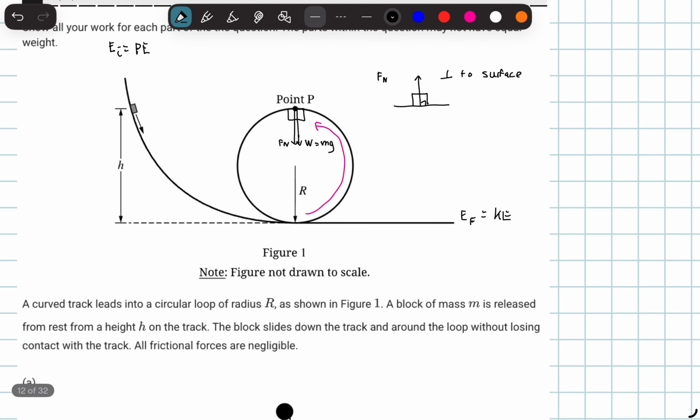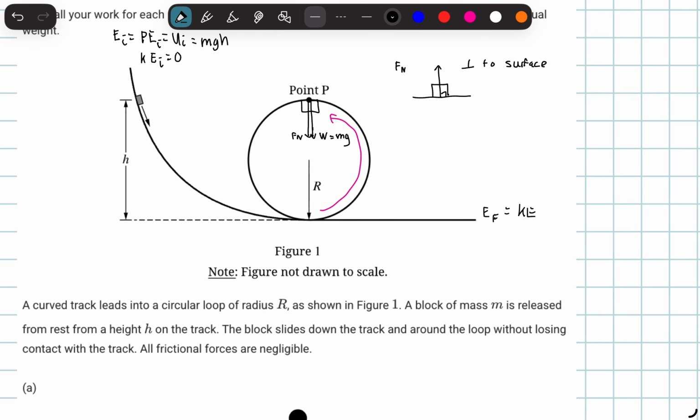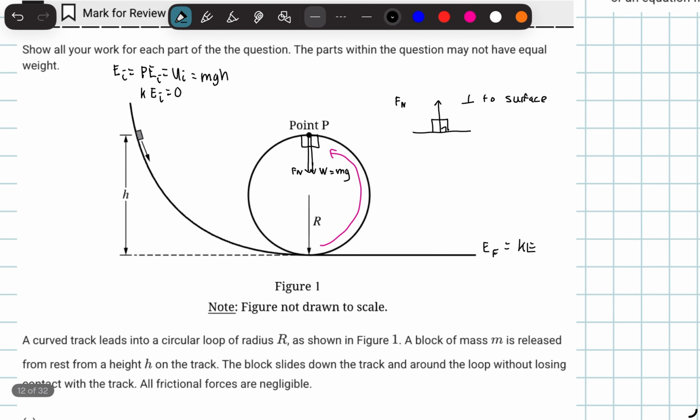At the initial point, the kinetic energy is equal to 0, and the initial potential energy is equal to mgh. Now let's talk about point P. At point P, the final kinetic energy is equal to 1/2 mv squared, and the final potential energy is equal to mg times 2r.